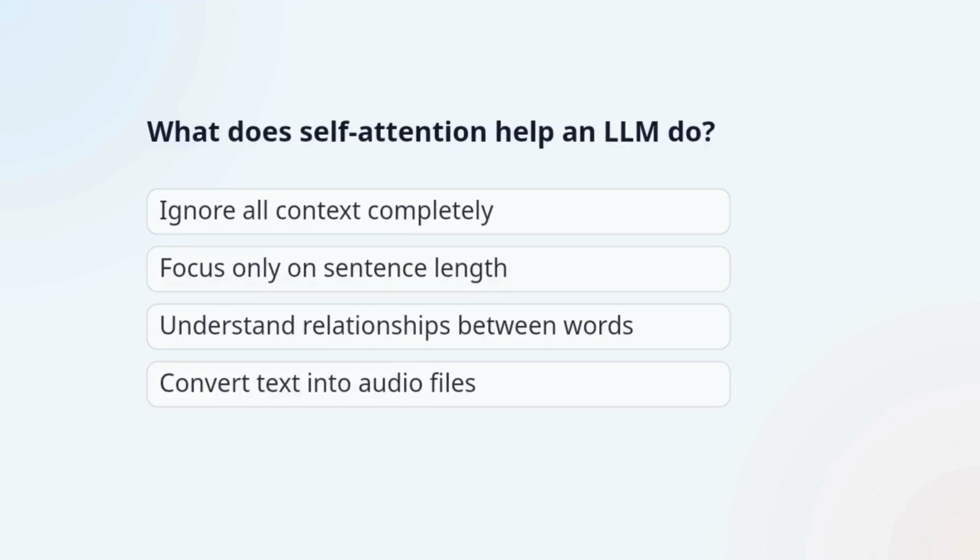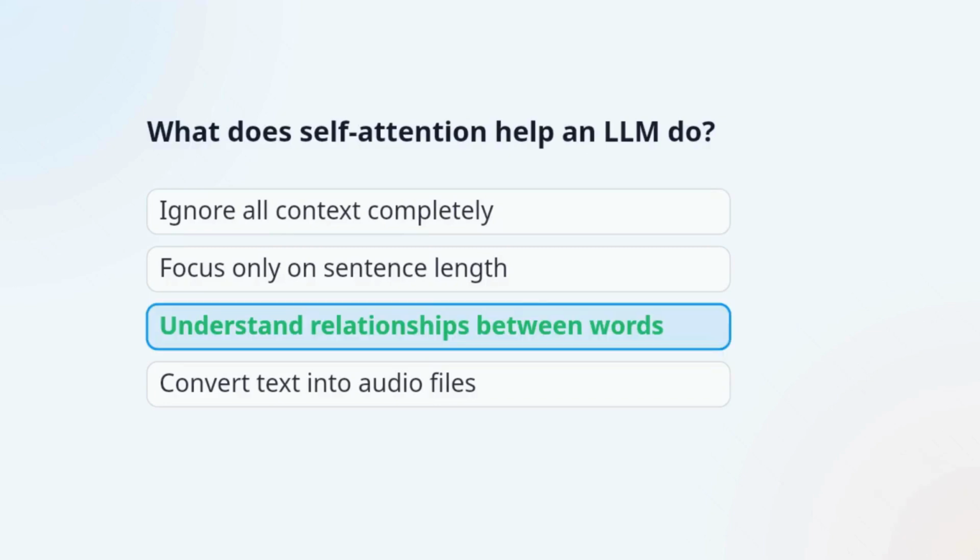Question 3. What does self-attention help an LLM do? The correct answer is understand relationships between words. Self-attention allows the model to weigh how strongly words relate to one another in context. That is a key reason LLMs generate coherent responses.